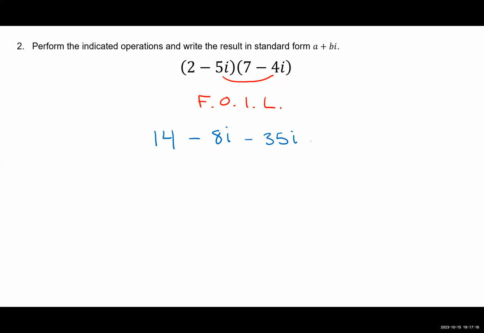And just like x times x is x squared, i times i is i squared. t times t is t squared. m times m is m squared. Anything times itself means squared. So that would be plus 20 i squared.